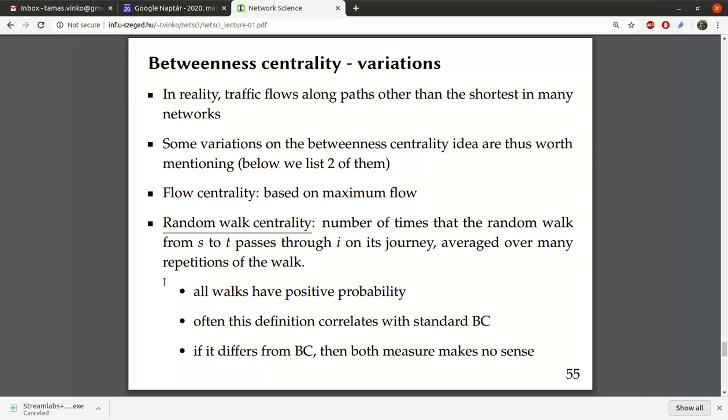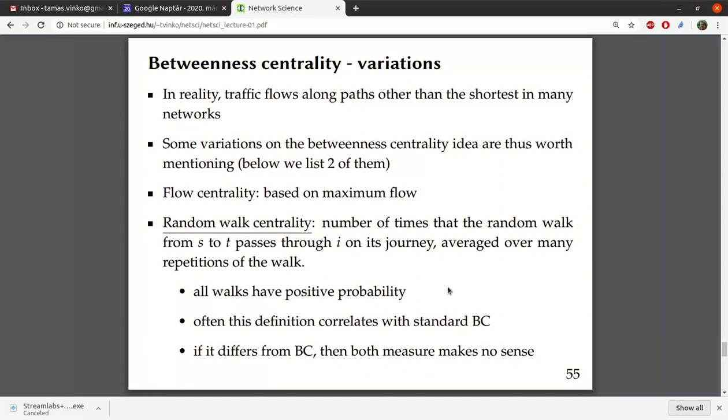The other one I would like to mention here is the so-called random walk centrality, or random walk betweenness. The only difference from the previous one is that instead of taking the shortest path between nodes in the network, we are checking the number of random walks between two nodes and how many times a node I appears on these random walks.